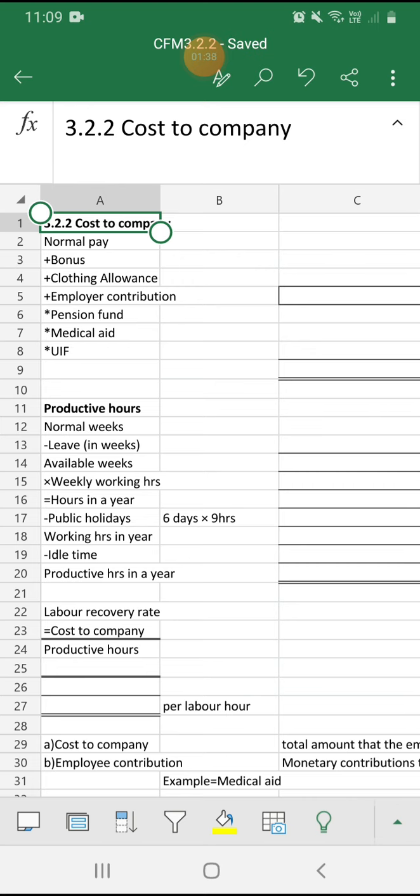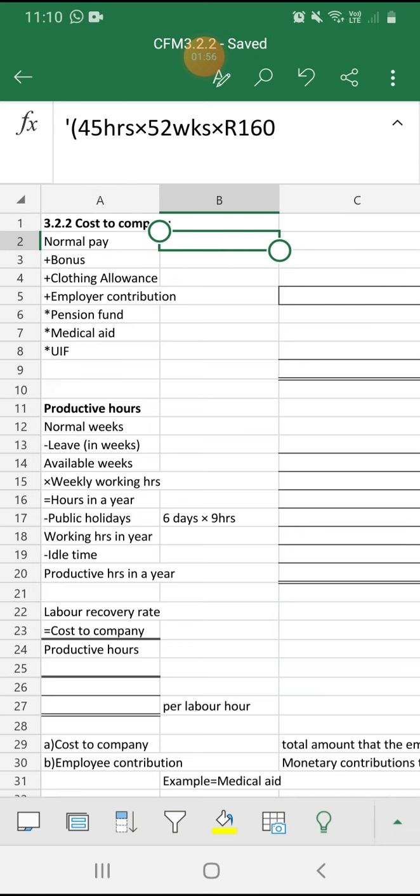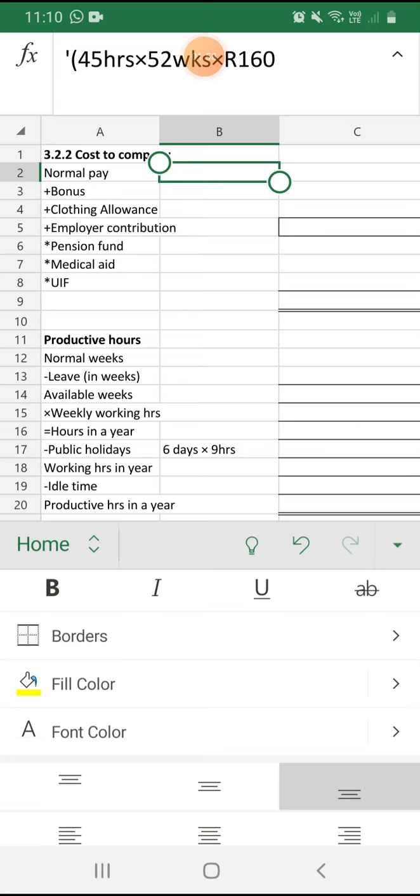So, when calculating the labor recovery rate, you need to calculate what the cost to company is and what the productive hours in a year are. To do this, you'll have your normal pay, which we calculated as follows.